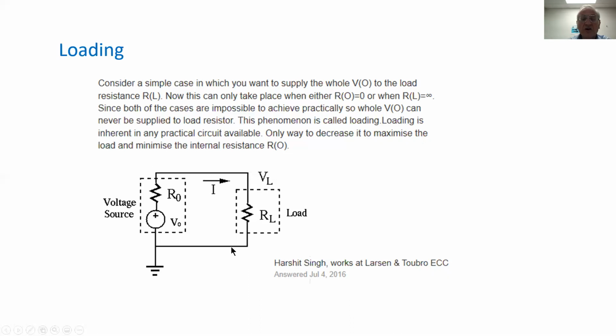Otherwise, current can flow here and will take away some of the voltage. And at the same time, we want to make sure that the voltage source resistance is very low.